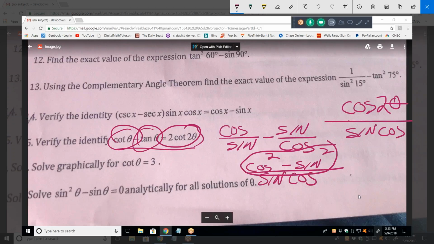And a lot of these verifying problems, boy, if you get off on the wrong start, you can go for 20 minutes and not get to your answer. And sometimes you have to kind of start from scratch and you realize you're not getting there. Well, I'm getting there a little bit because I got cosine of 2 theta and we're looking for cotangent of 2 theta.